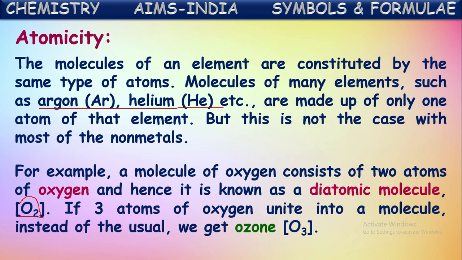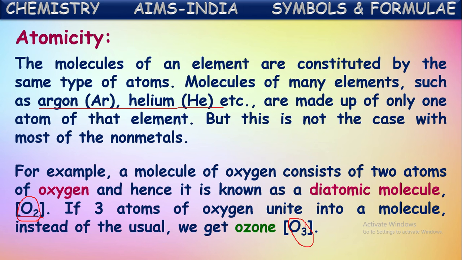So in the molecule of oxygen, there are two oxygen atoms combined chemically. How many atoms are there? Two atoms in one molecule. That's why oxygen is said to be a diatomic molecule. If three atoms of oxygen unite into a molecule instead of two atoms as usual, then it will form a molecule with the formula O3.